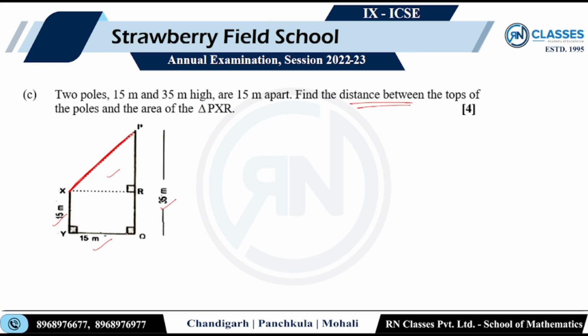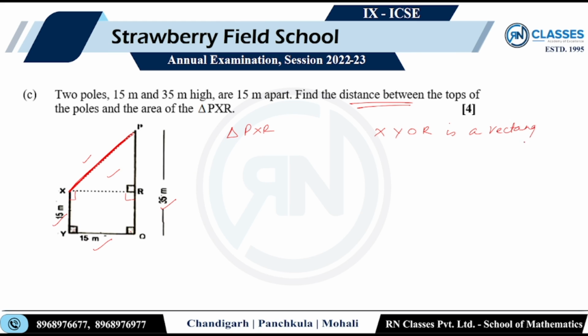If you notice, to find XP you have to deal with triangle PXR, right? You have to apply the Pythagoras theorem. If this angle is perpendicular, this is 90, this is 90, this is 90, I can say XYOR is a rectangle.